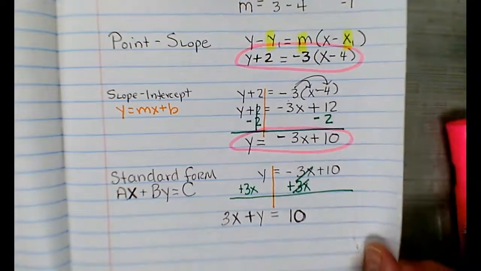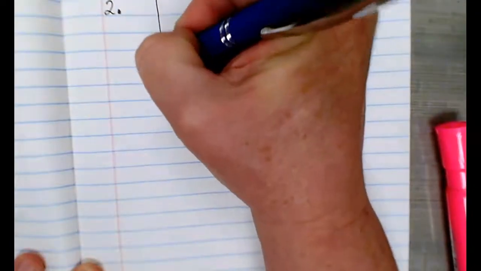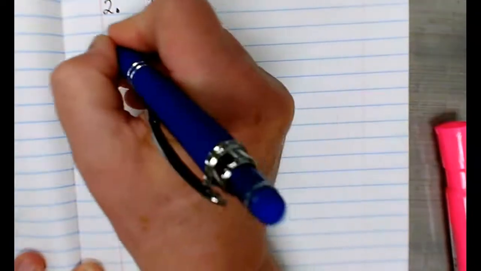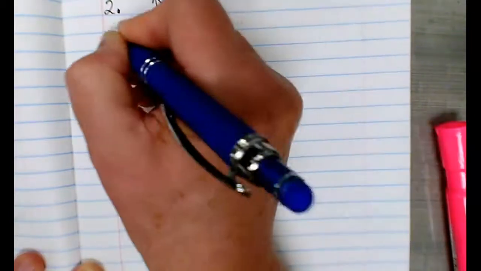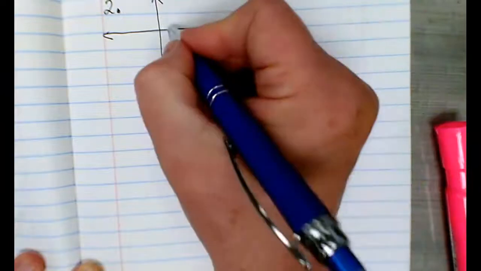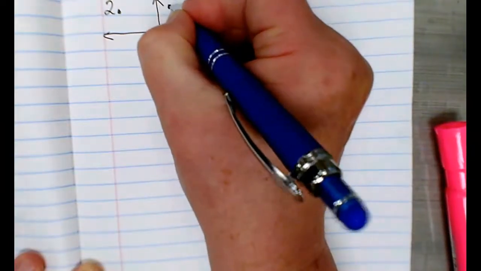Example number 2 is starting from a graph. It would be so much easier with graph paper, but we'll do our best. 1, 1, 2, 3.